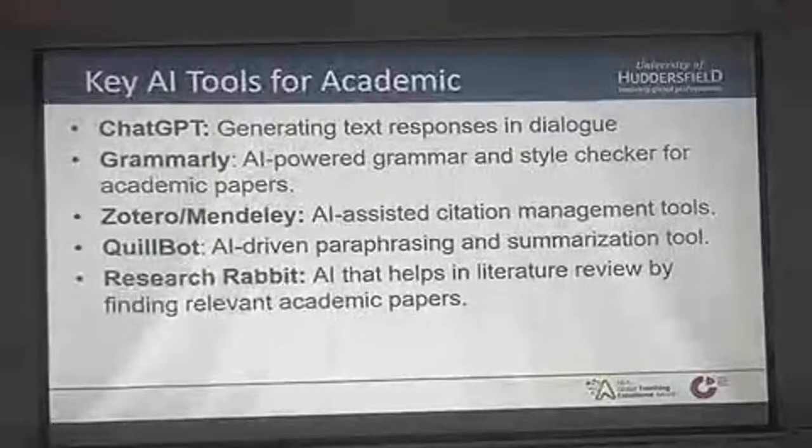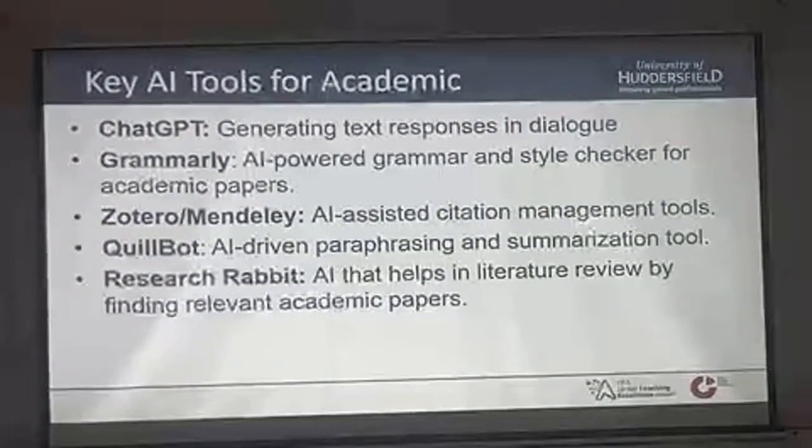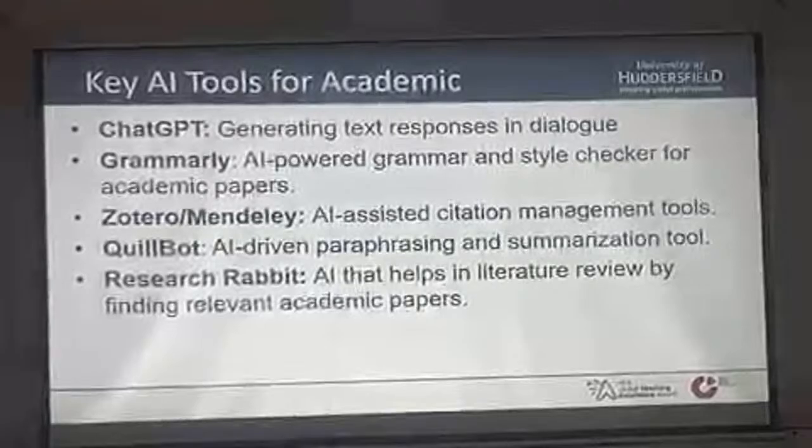Among the tools, there are a few AI tools that are commonly used. As I mentioned, ChatGPT. Grammarly is also an AI tool, a different version. Zotero, which you mentioned this morning, also helps scientists, and that's also an AI tool we use in academia.